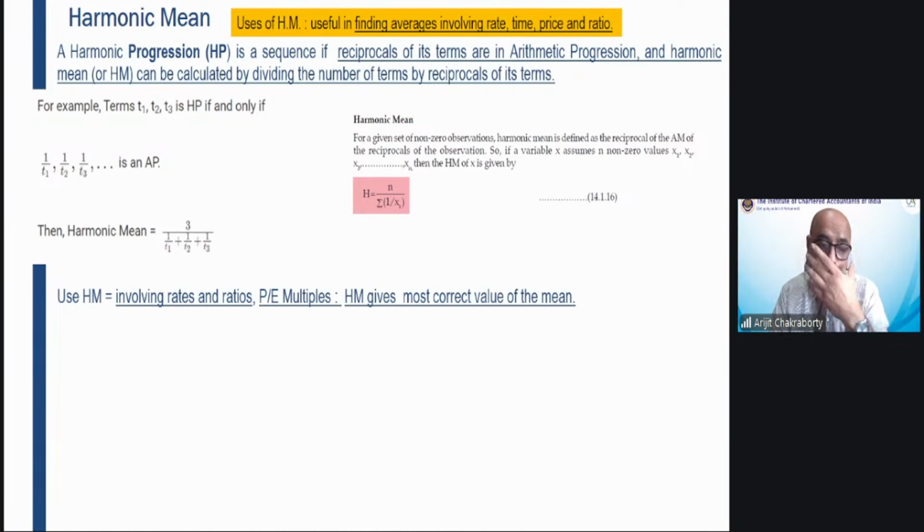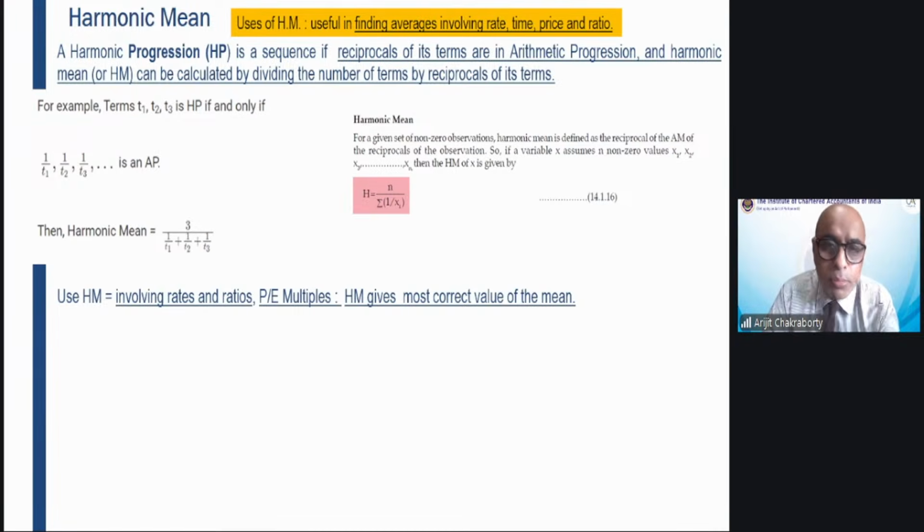That means here, if you see why in the study material, 14.1.16, it is given in the very beginning that harmonic mean can be calculated only for non-zero observations. It is clearly written that for a given set of non-zero observations, that means none of the observations can be zero. Because if any of the observations becomes zero, we are finding out the reciprocal.